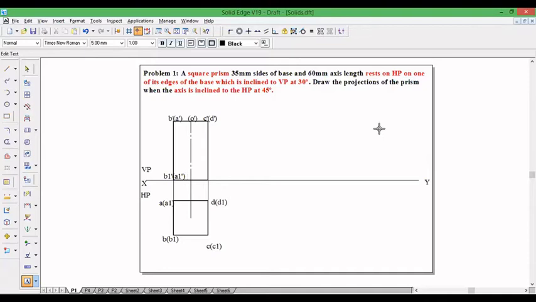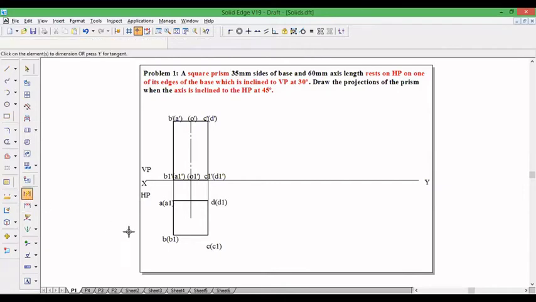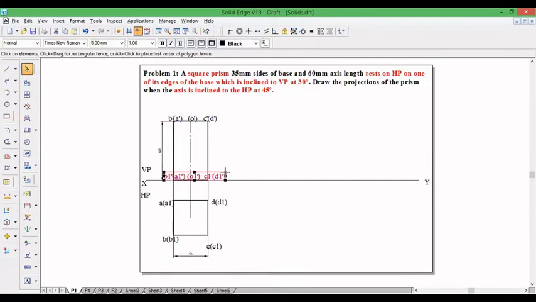Similarly, O1 dash is invisible. Here C1 dash is visible and D1 dash is invisible. Do the dimensioning; the side length and axis length we can show.